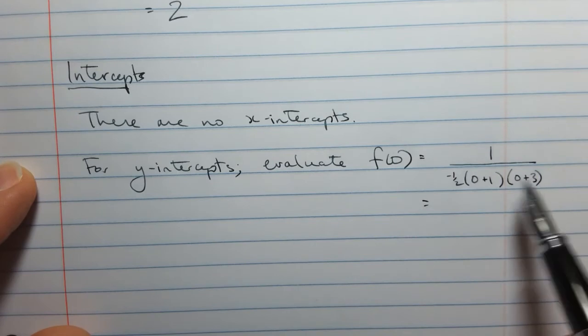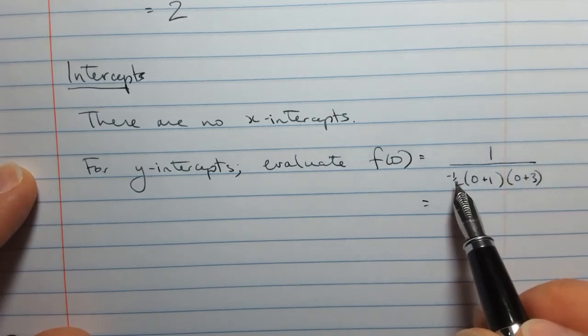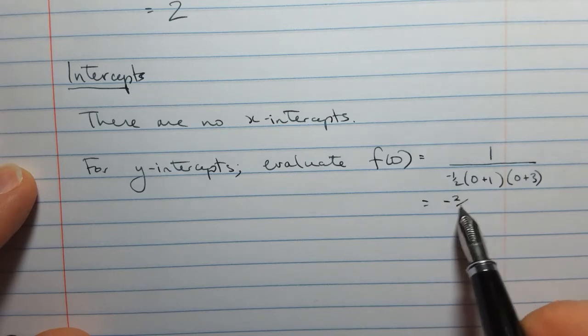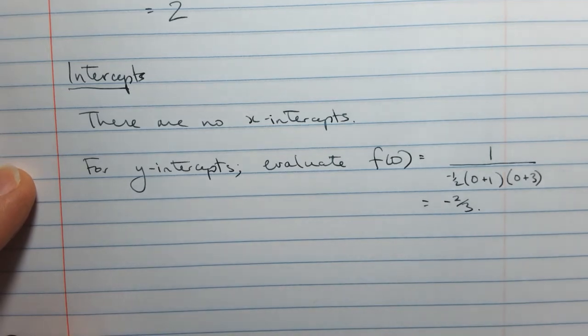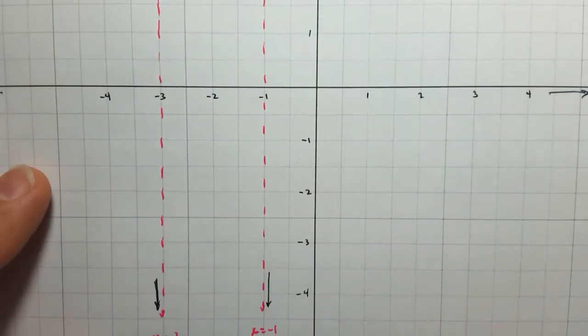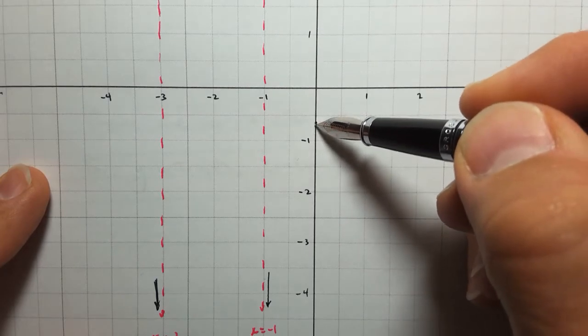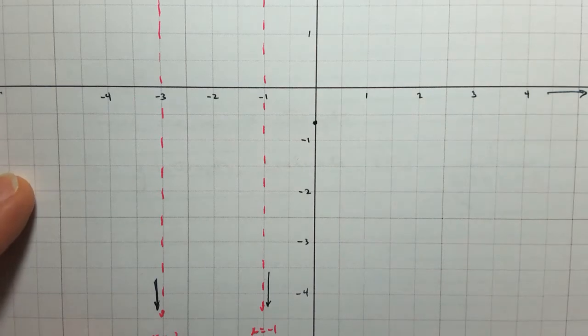And let's see, that's 3 times a half. So negative 3/2 on the bottom is negative 2/3 overall. Okay, so let's grab this and see how that works. Negative 2/3 is about there. So I'm going to aim for that spot when I'm drawing my curve there.